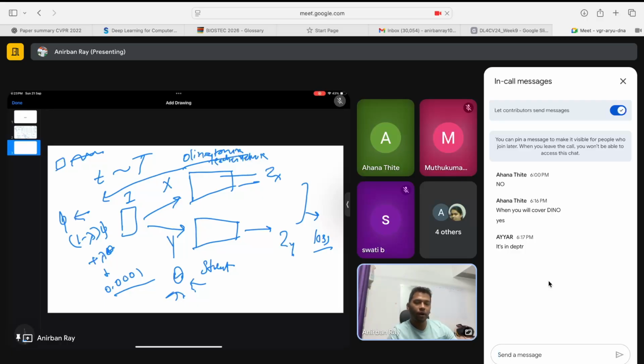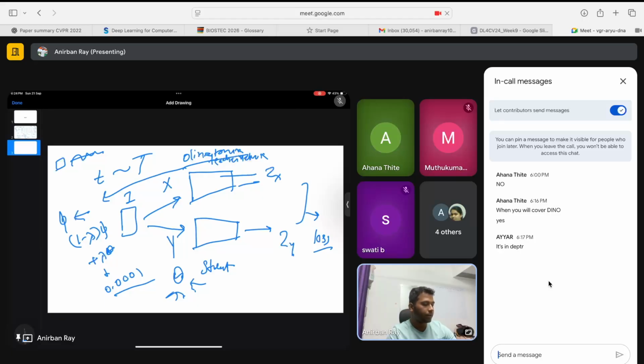Now what they do is they employ a masking strategy on the patches. So you have two images, and you employ masking on that.